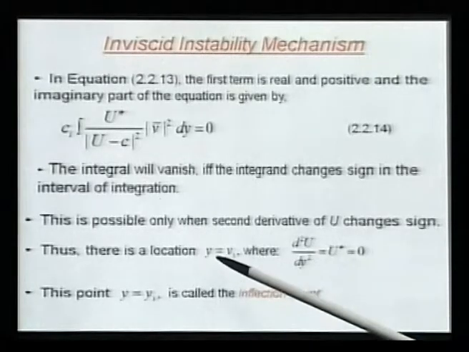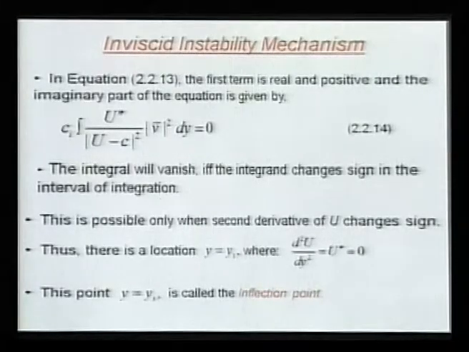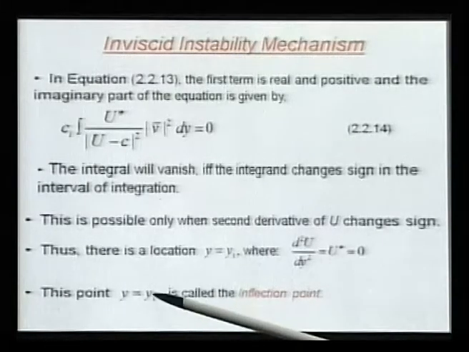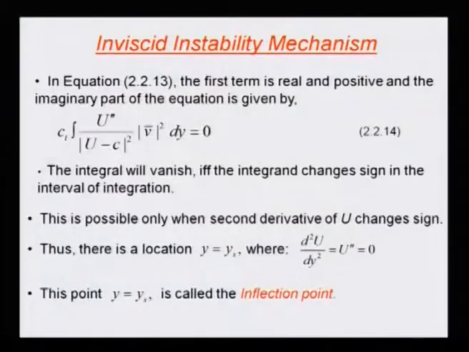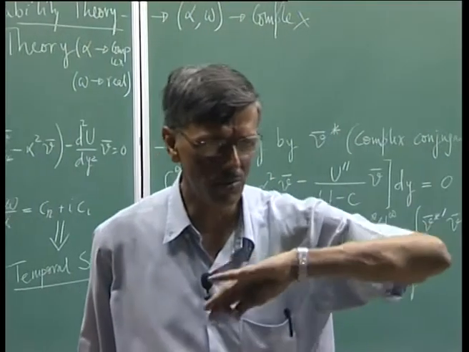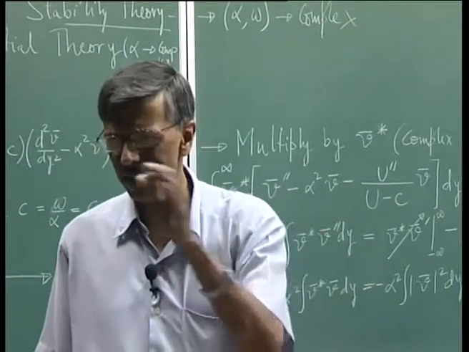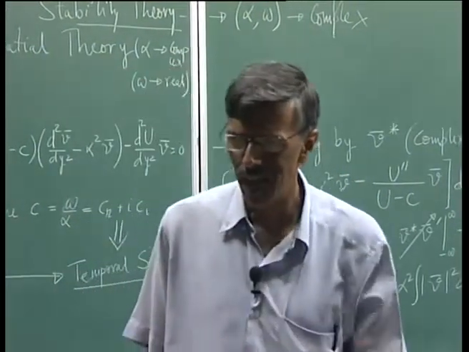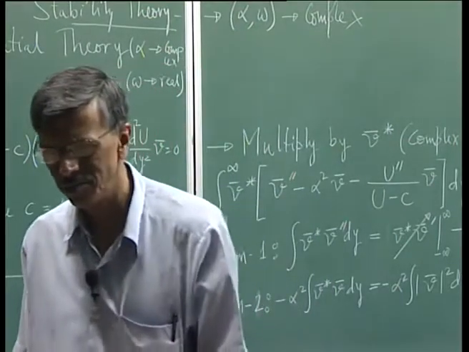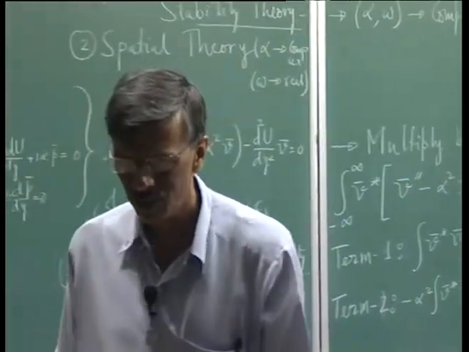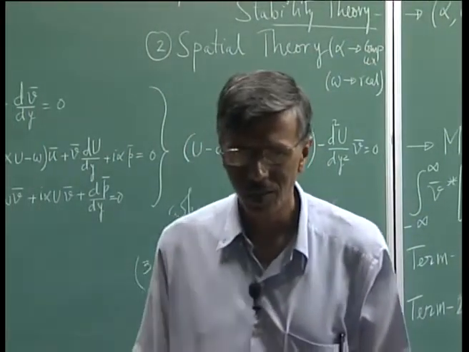Thus, there is a location y equal to y s, I will call that, where the second derivative equals 0. This point is called the inflection point. You are familiar with the concept of inflection. If I am defining a curved surface, y as a function of x, then the first derivative provides us with the slope.